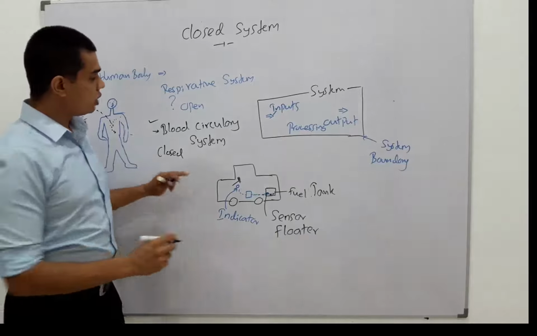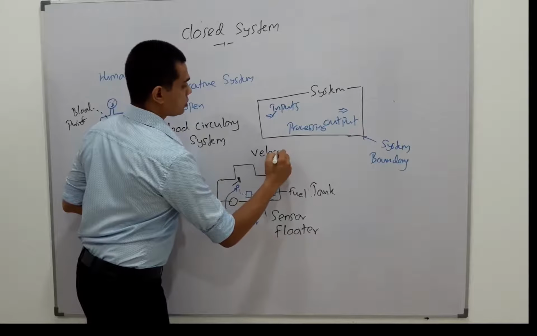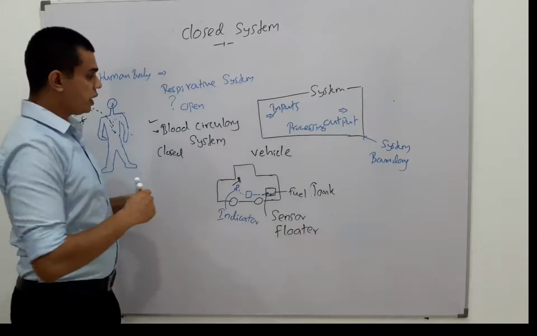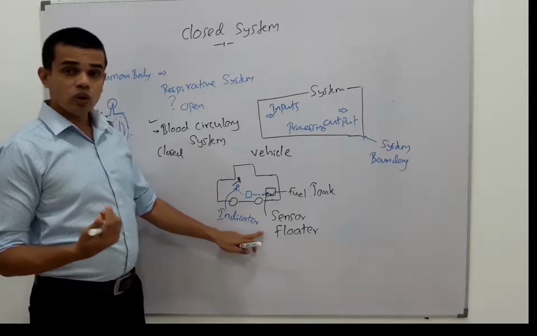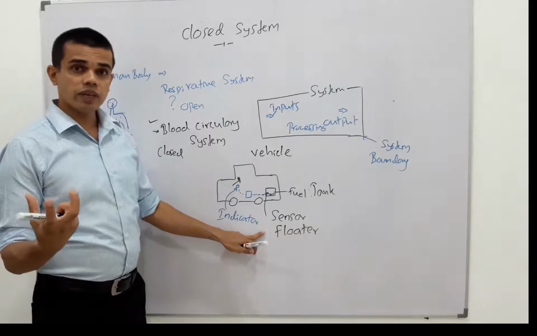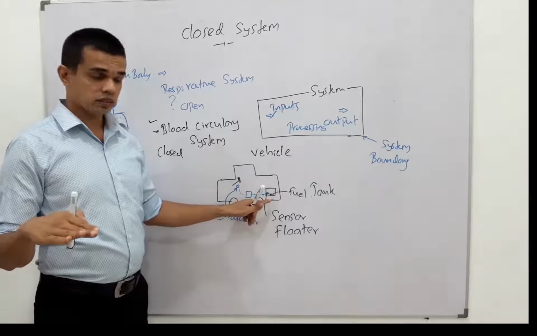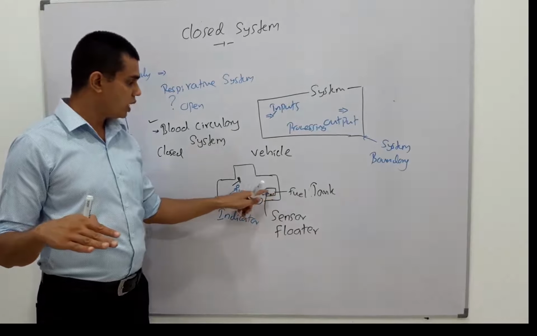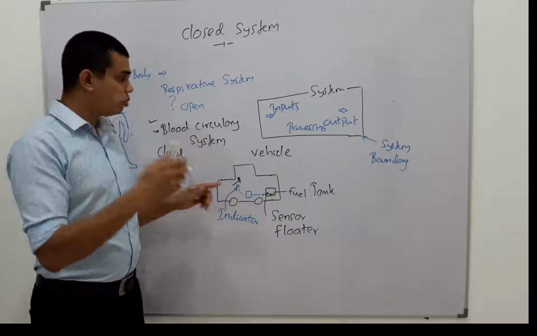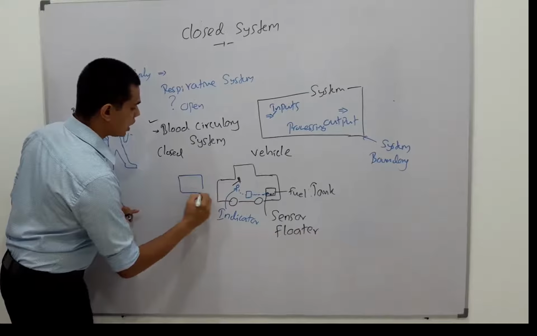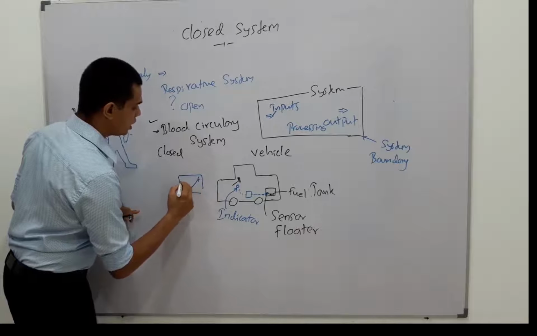Again, we can take a vehicle as another example. Inside the vehicle, we all know there is a system to indicate the fuel level of the tank. When we pump more fuel, the indicator displays that the tank is full. This is full, this is empty.